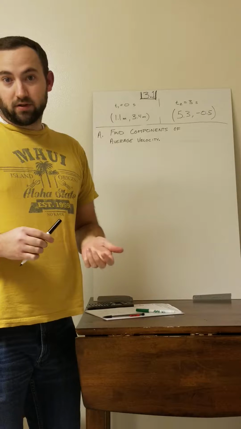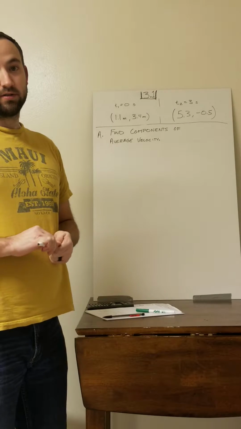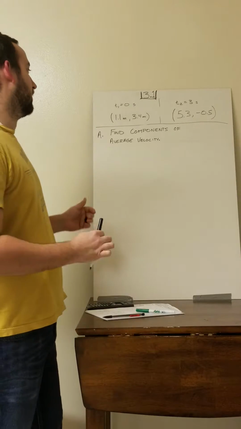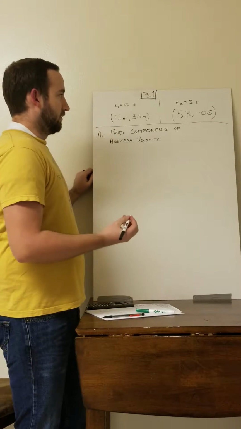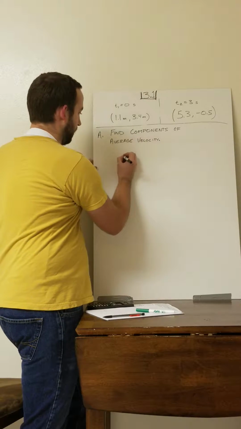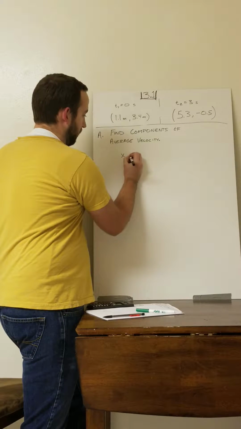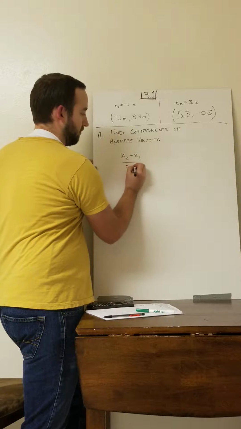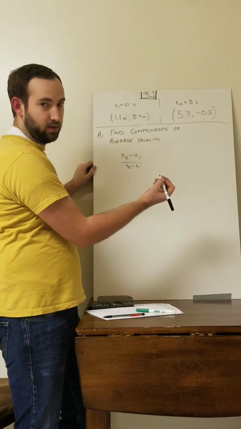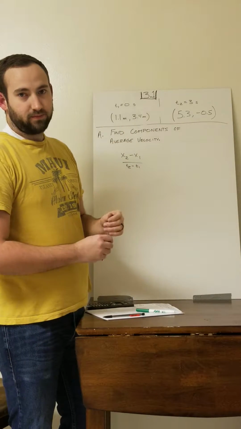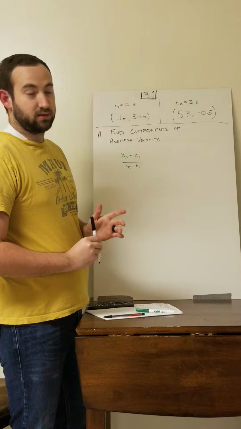So to find the average velocity of the components, first we just pick one of the components. So I'll start with x. And the equation for the average velocity is going to be x2 minus x1 over t2 minus t1. And so all we do is we plug in the values from our two different data points.